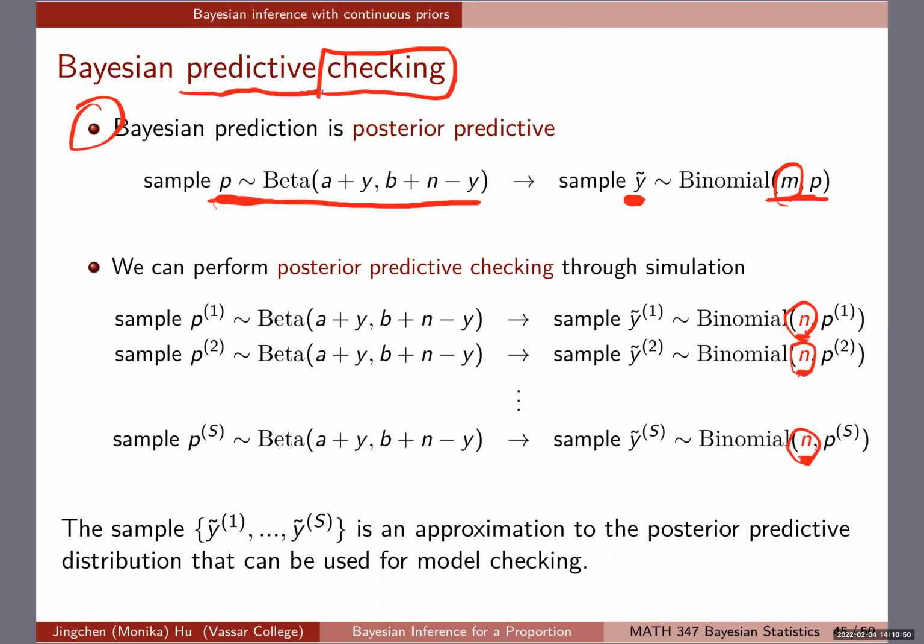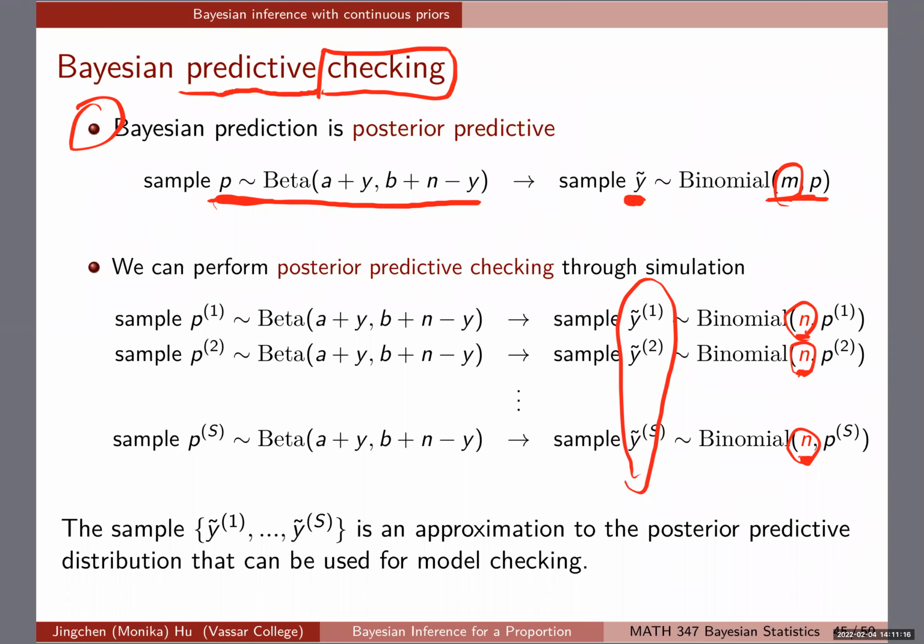So all we need to do is we do this for a large number of times, as you can see over here. And more importantly, we're trying to replicate the same size as the sample as before. And we want to see that, if we're doing that, all of the Y tildes that we're able to get, we can check how close that is to 12. Okay? So 12 is the observed sample, right? Is the observed number of successes in the sample.